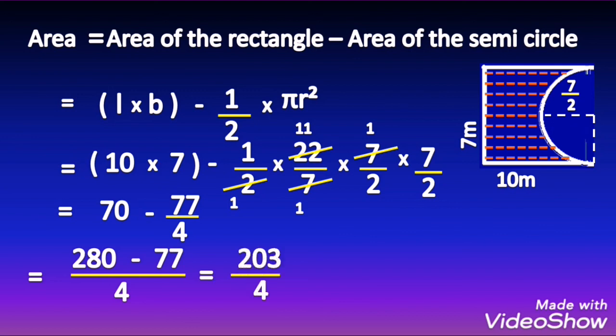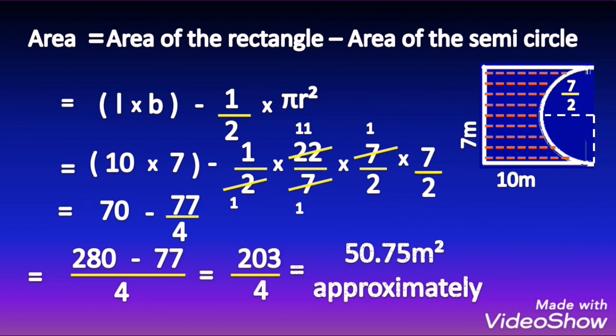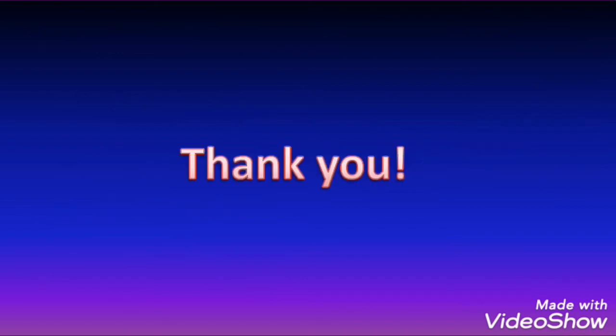It is equal to 203 by 4. So you have to divide 203 by 4. You will be getting 50.75 meters square approximately. This is the area of this given combined shape. Thank you.